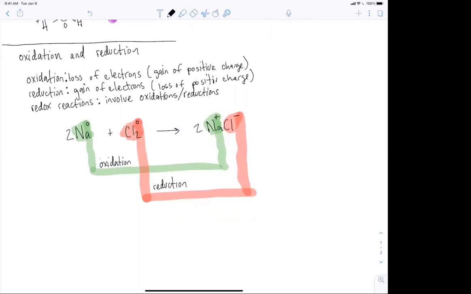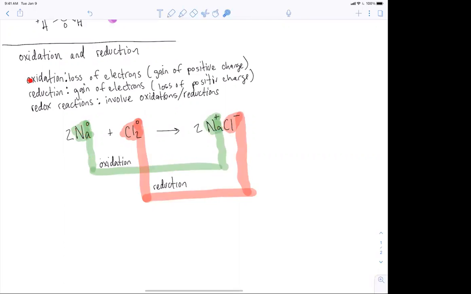The basic concept here, on a very, very simple level, is that in these reactions, one of the atoms is typically going to be losing electrons, and the other atom is going to be picking that electron up. That's it, right? We're talking about atoms just giving up electrons and picking up electrons. So this guy's throwing away an electron and this guy's picking up that electron. That's what an oxidation reduction reaction is.